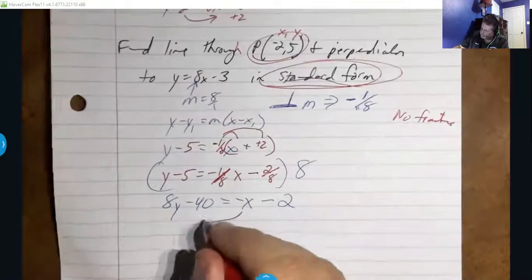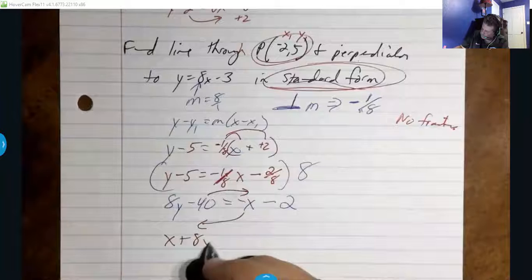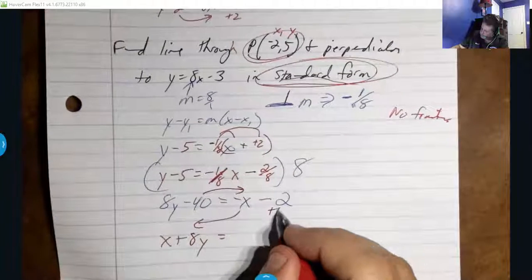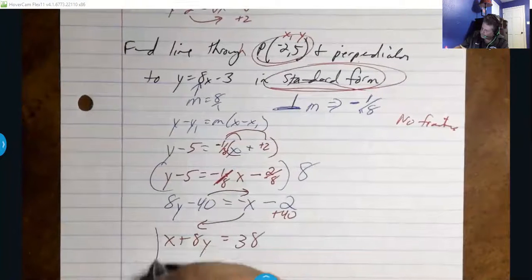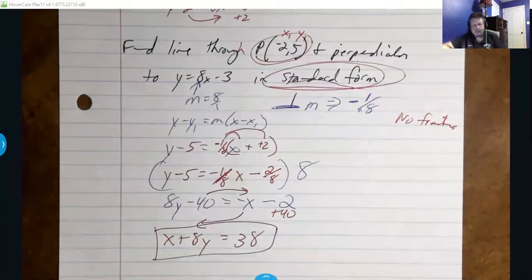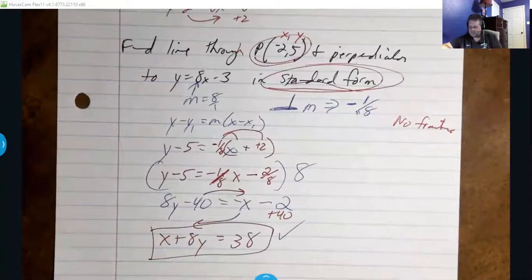All right, we're going to move the x over and the 40 over, which is going to give me x plus 8y equals 38. And there is standard form because everything's whole numbers, and that A value is a positive 1. So that is in standard form.